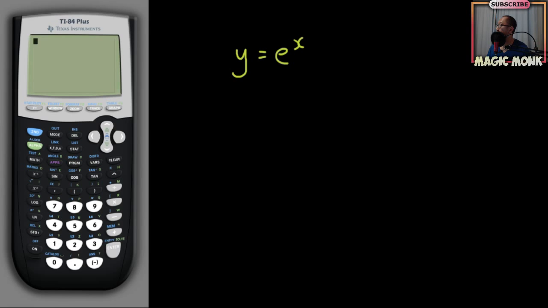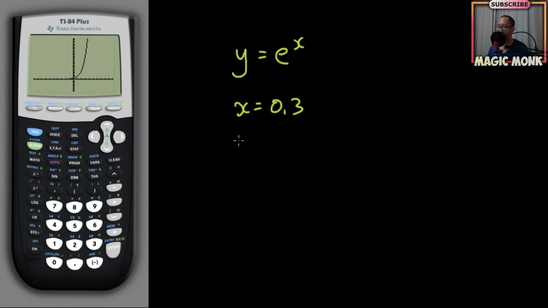So if you draw a graph of y equals e to the power of x, let's say you go to a point, so let's say we got x equals 0.3, just a random point.